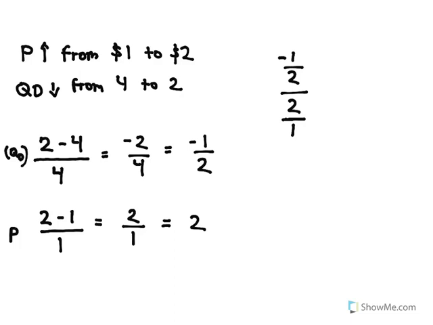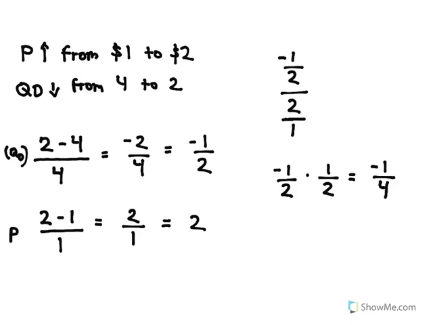And then to solve a division problem with fractions, we take the bottom fraction, flip it, and then multiply by that. So this is actually equal to negative 1/2 times 1 over 2. So you see that I flipped the 2 over 1, it's 1 over 2, and now I multiply. So straight across, this is negative 1 over 4.